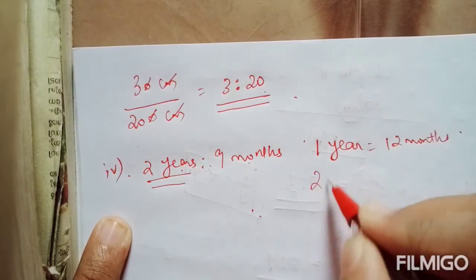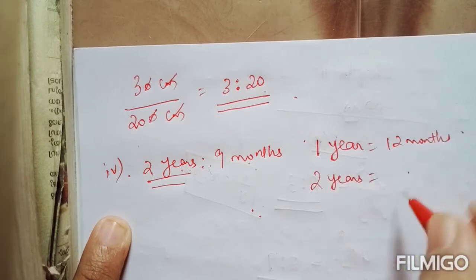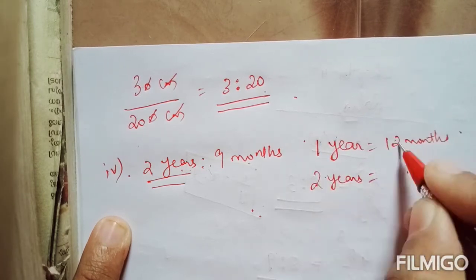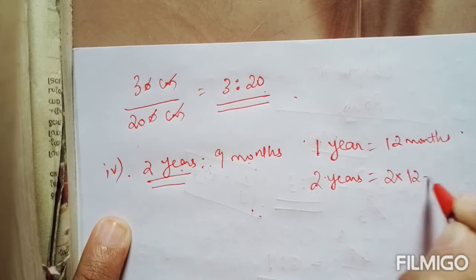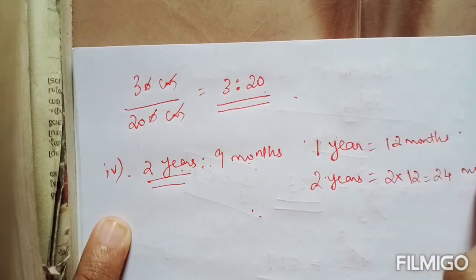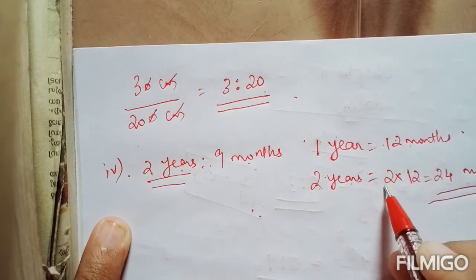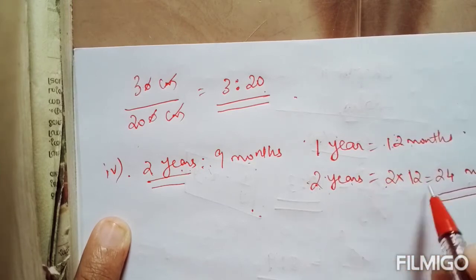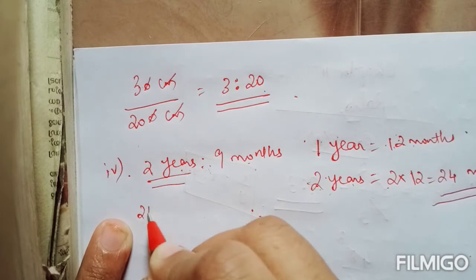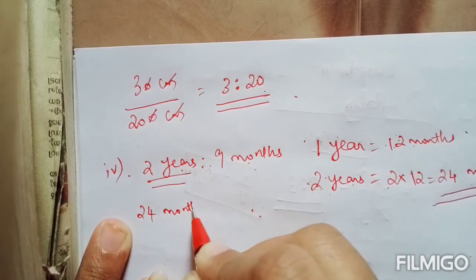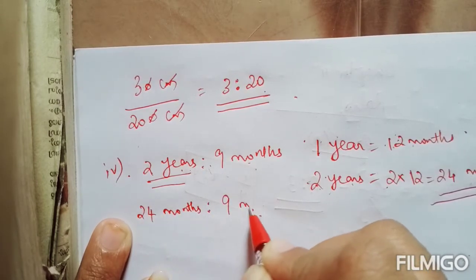So 2 years will be equal to how many months? Just multiply 2 into 12, it is 24 months. You can write here 24 months is to 9 months.